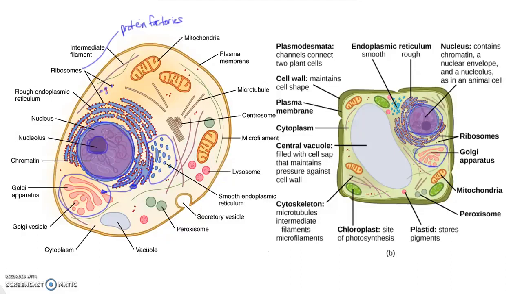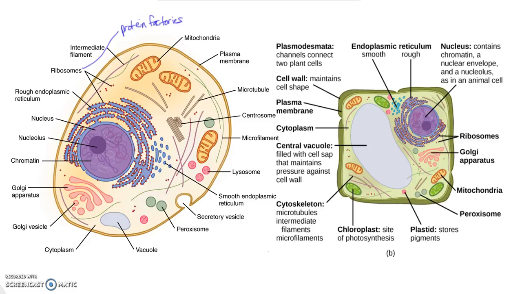And then the Golgi will package it up using some of its own membrane into a vesicle to ship that protein off either to some destination in the cell or to fuse out here with the plasma membrane and be released outside of the cell. So again, the same thing is happening in the plant cell. There's a Golgi body there. I'm just going to erase a little bit so we have a clear diagram to look at.